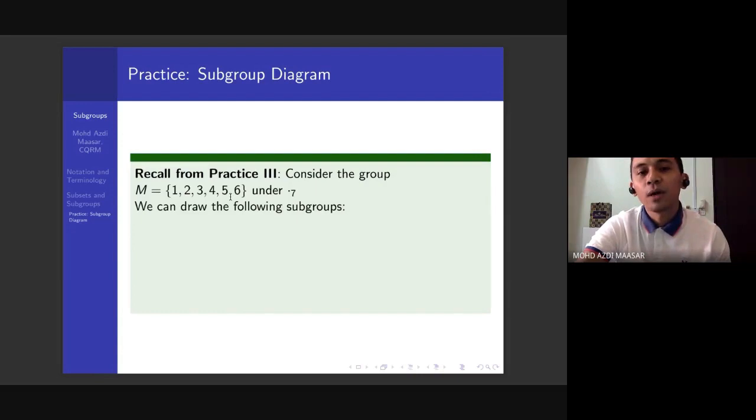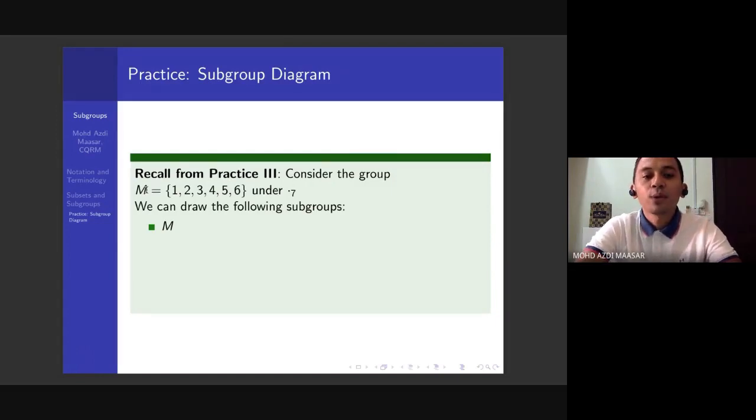In order to draw a subgroup diagram as on page 52, you need to know all the subgroups that exist under M. All possible subgroups; you cannot miss even one. So usually we list out our subgroups first before we draw them.